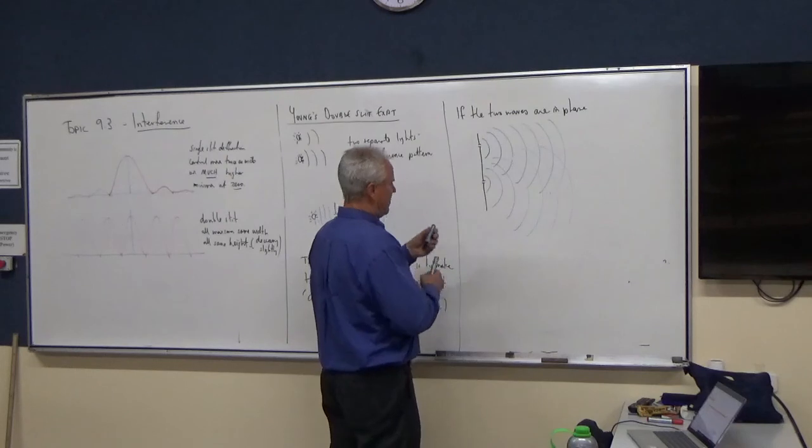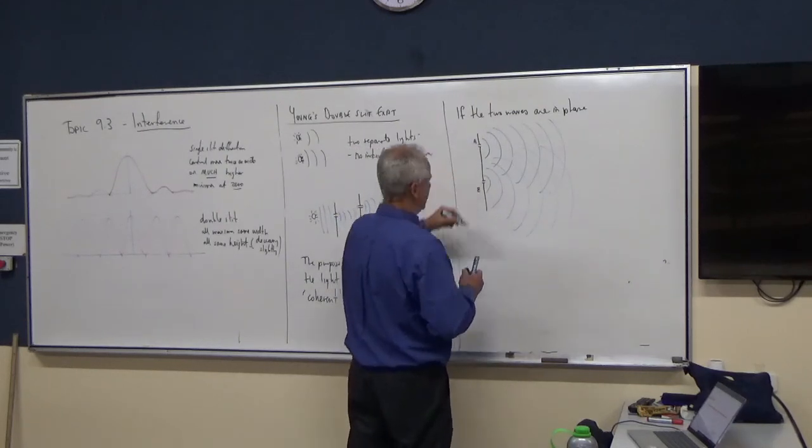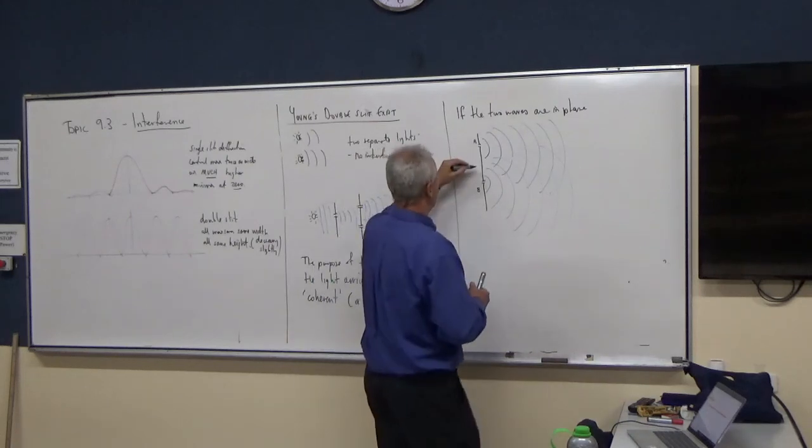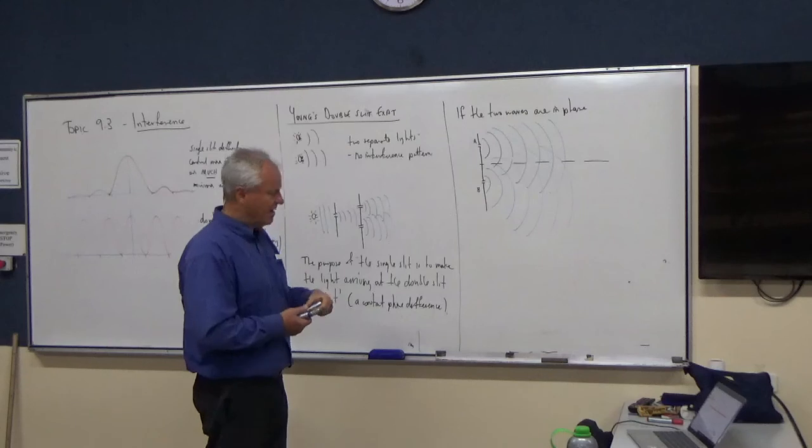So if I call this A and this B, the centre of the pattern is out here. Right?